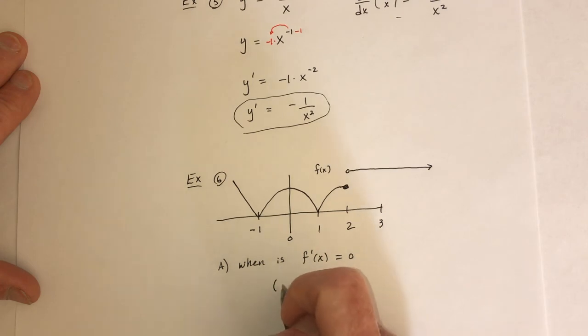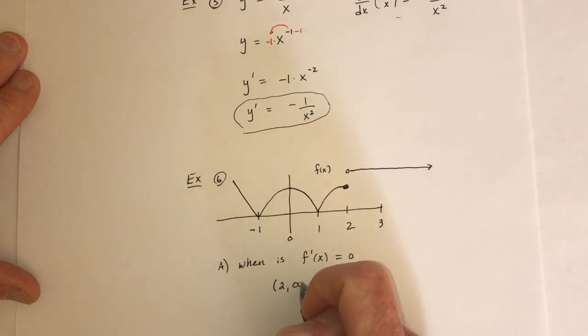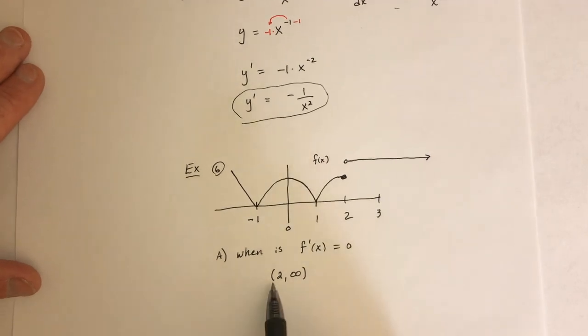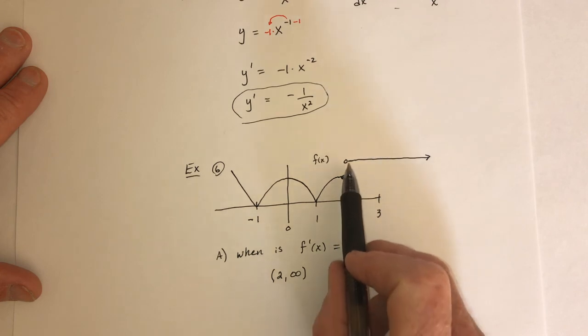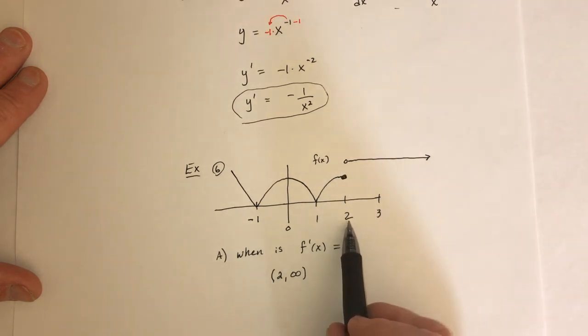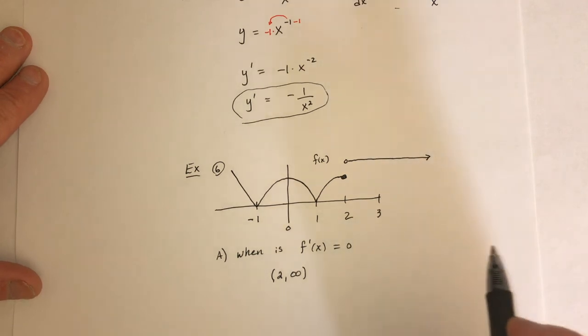So from 2 to infinity, the derivative equals 0. And I need to put a round parenthesis right here because I cannot include the 2 because it's not even continuous right here. So at x equals 2, the derivative does not exist.